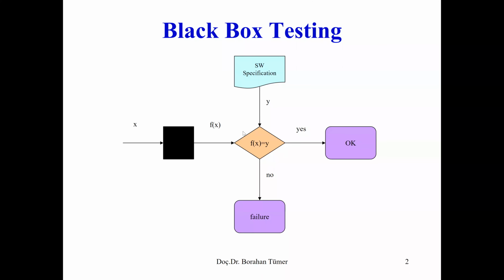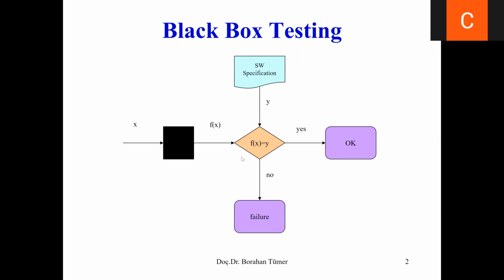Well, we compare the actual output with the desired output, and if they're equal, then we're okay. Then there is no problem. At least for the specific test case, this program we assume passed the test. Otherwise, if they're not equal, then this points out a failure. That means we have to check out to see what is going on. We have to debug it, etc.